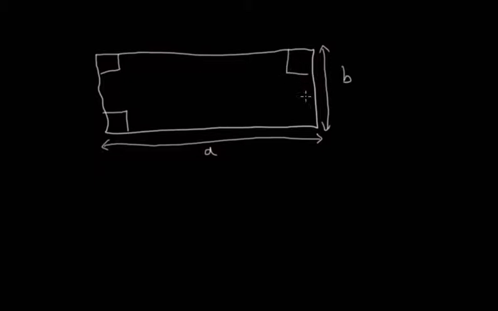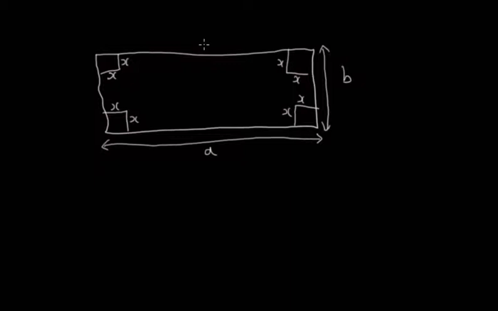World's worst rectangle, and the length of one side is A, its width is B, and the problem said that a square was cut out of each corner, and the size of each corner was length X. So there is our sketch of this rectangle.